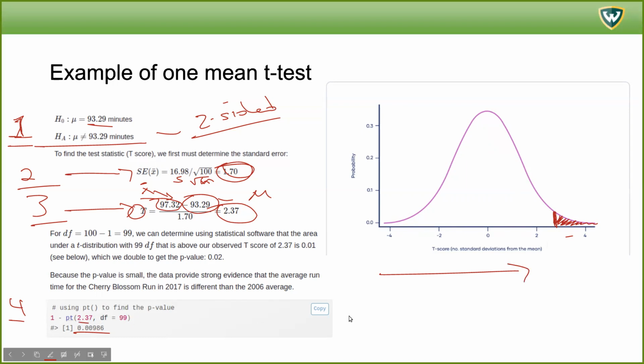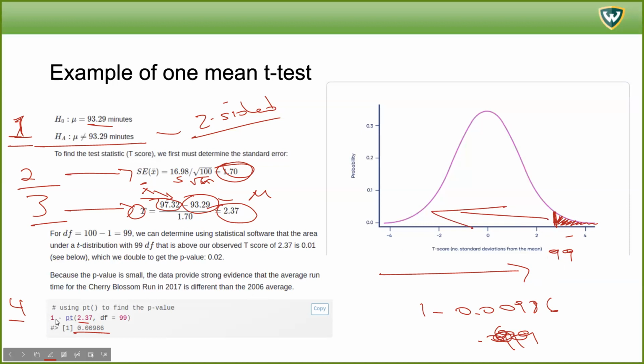So the probability it's going to give you if you put in 2.37 is 1 minus 0.00986, which is 0.99. So the p-value that it gives you is 0.99. But that's not true. 0.99 is the probability of getting 2.37 or below. Okay? 0.99 is getting 2.37 or below.